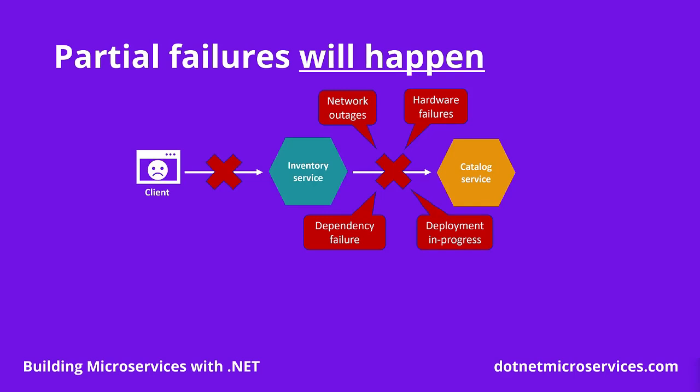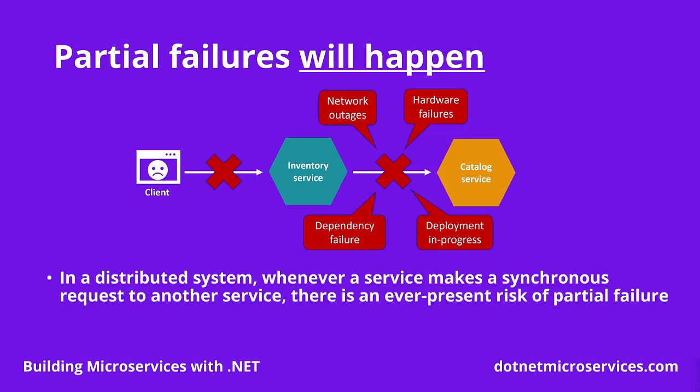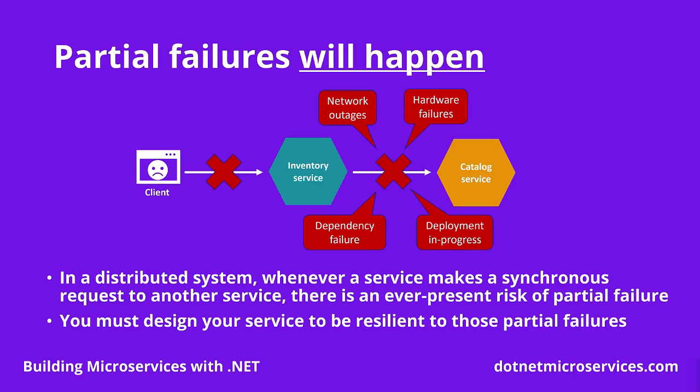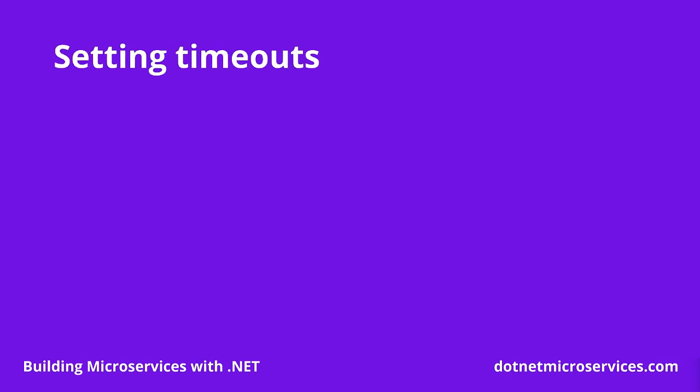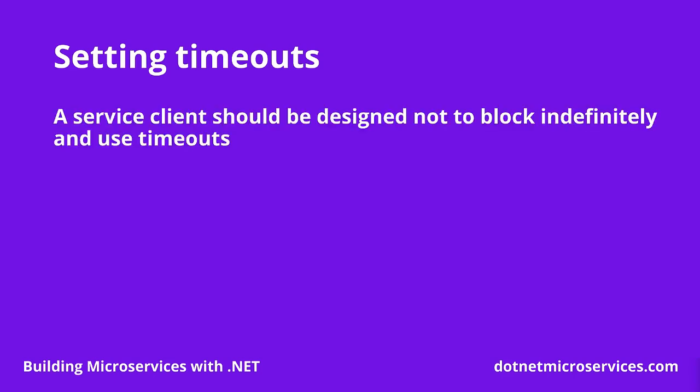So, whenever a service makes a synchronous request to another service, there is an ever-present risk of partial failures, and so you must design your service to be resilient to them. One of the first things to consider when making requests to a dependent service is setting appropriate timeouts. A service client should be designed not to block indefinitely and use timeouts.